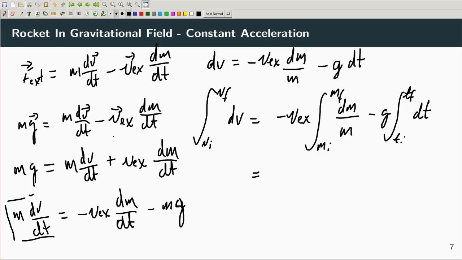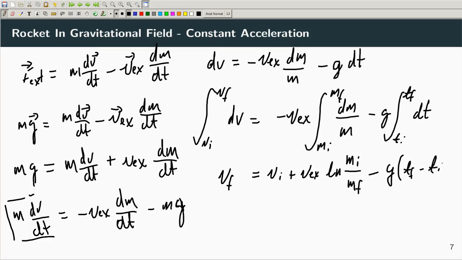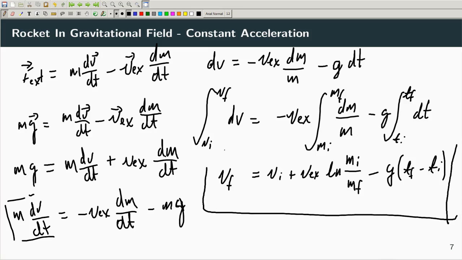We get the final velocity is equal to the initial velocity plus the exhaust speed, take away the gravitational acceleration, times the final time take away the initial time. So this is Tsiolkovsky's equation for a system in a gravitational field.